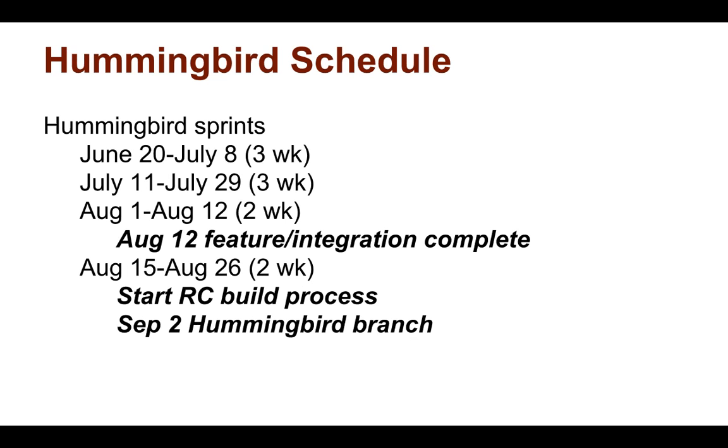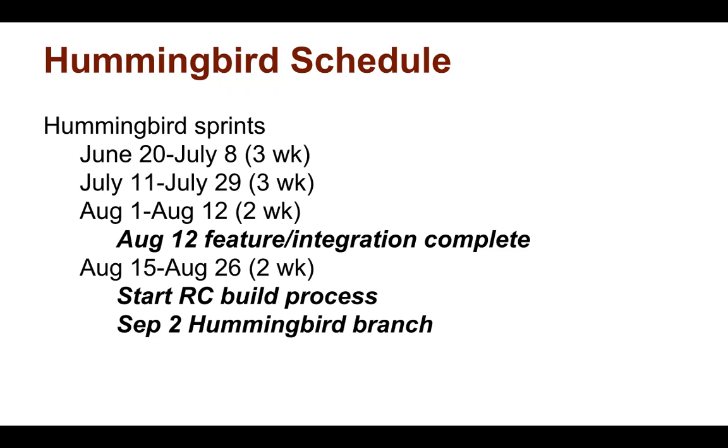Schedule for Hummingbird is we will have 3 sprints, 2 3-week and 1 2-week, which brings us to August 12th. And through August 12th, we're happy to have people integrating their features, functions. After August 12th, that will no longer be the case.